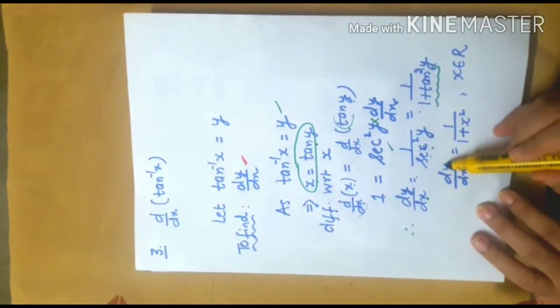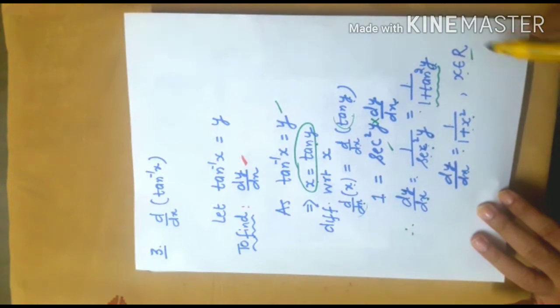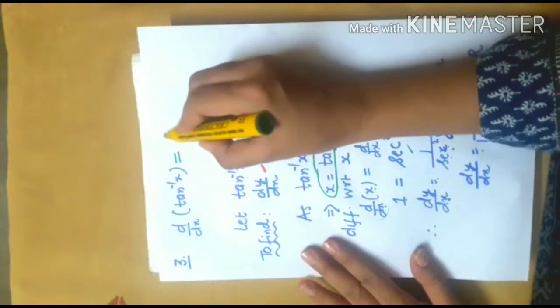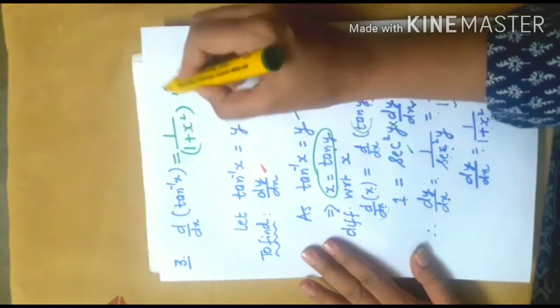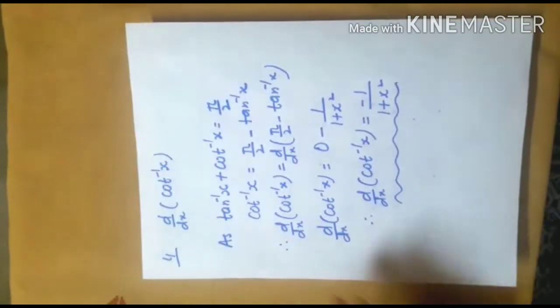So I'll get dy by dx is equal to 1 over 1 plus x square, and x is a real number. So the derivative of tan inverse x is 1 over 1 plus x square, and x belongs to R.